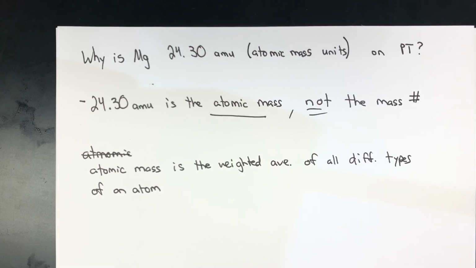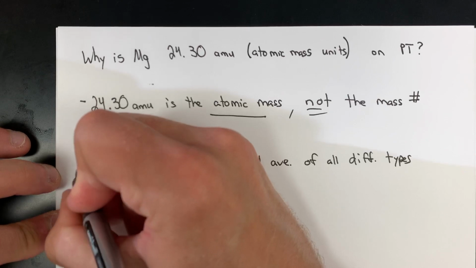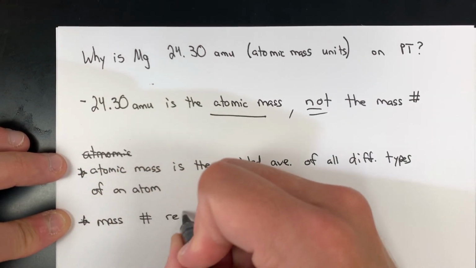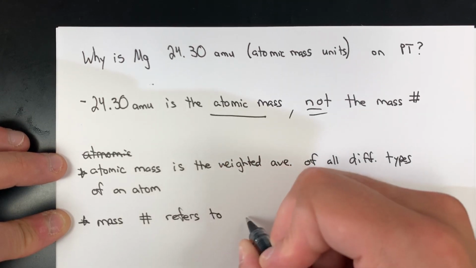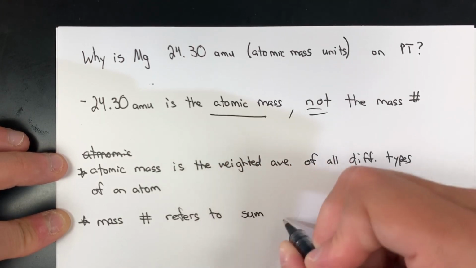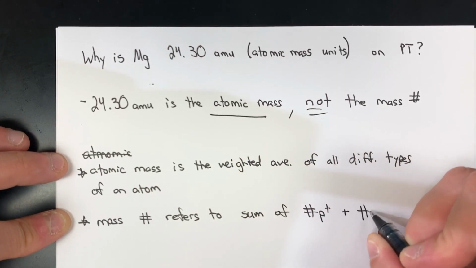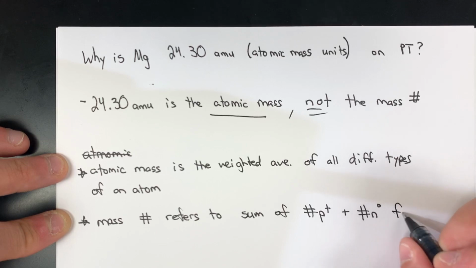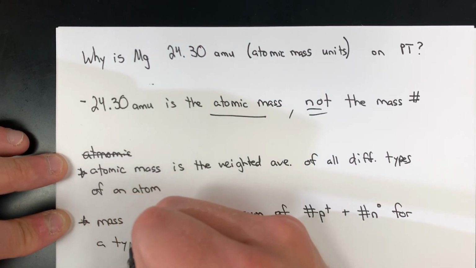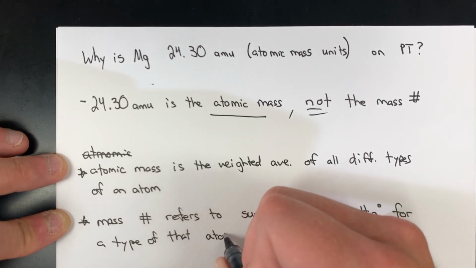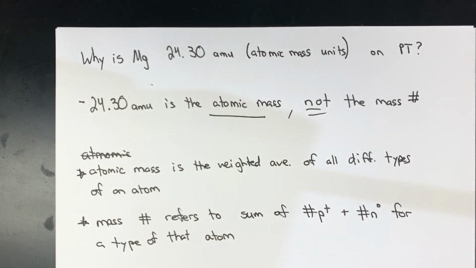We're going to see what that means here in a moment. Okay, and we're going to say that the mass number refers to, again, the sum of the number of protons and the number of neutrons for a type of that atom. And so this kind of brings us to the concept of isotopes.